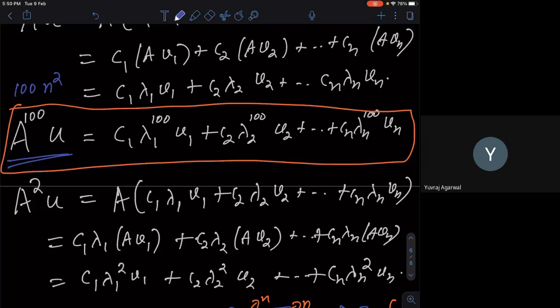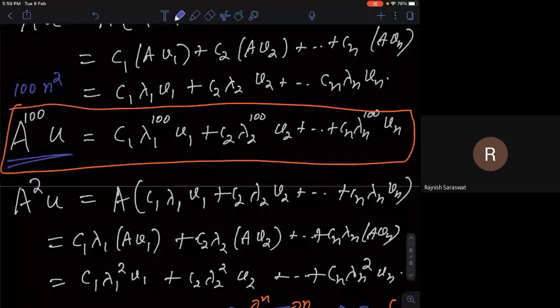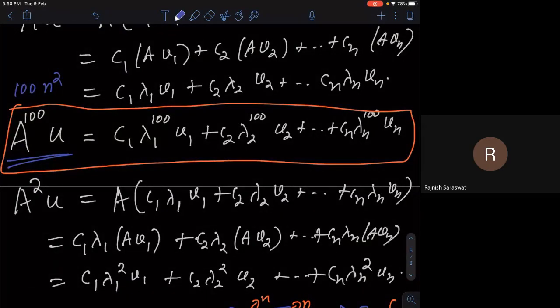We'll come back to this order N, but who said N square, and can you tell me why you got N square? So for every vector v1, it has n dimensions. So c1 lambda 1 to the power 100, which is a scalar, we have to multiply it by n components of this v1, and that's the same for lambda n. That's the same for n numbers. So how many multiplications here?